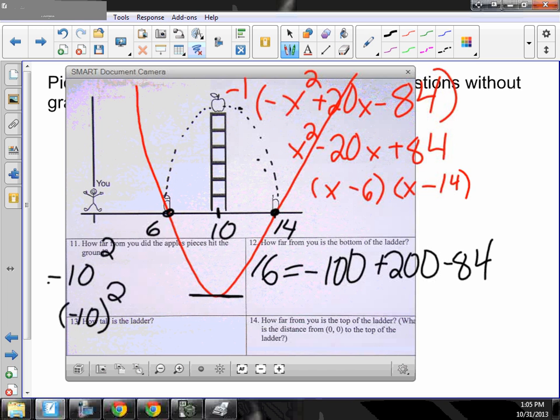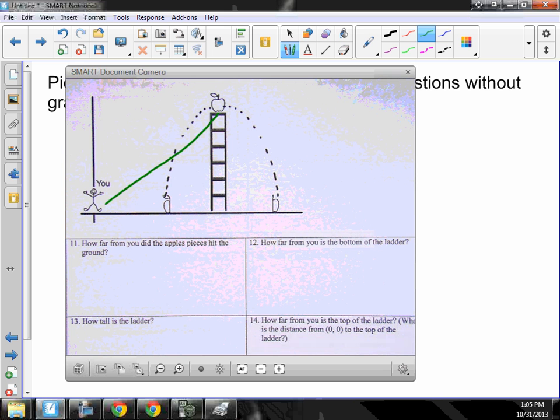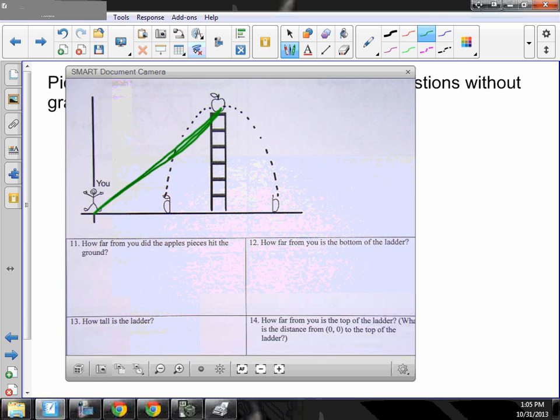So number 14 is a little tricky. How far from you, meaning where you're standing, is the top of the ladder? If I were to draw a line between the top of the ladder and where you're standing, what is that distance? Good.